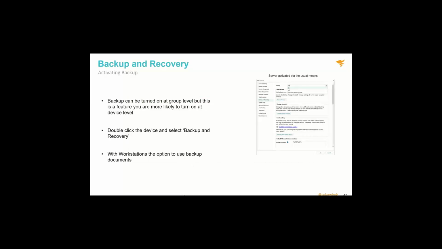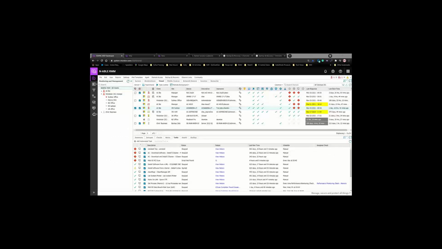Okay, so let's talk about the backup and recovery, and how you enable it. Let's look at the dashboard. On your dashboard, if you have enabled the backup, you will see this icon on the top here, backup and recovery.